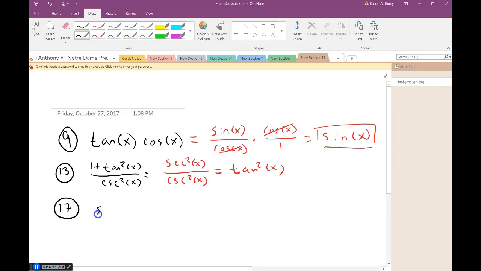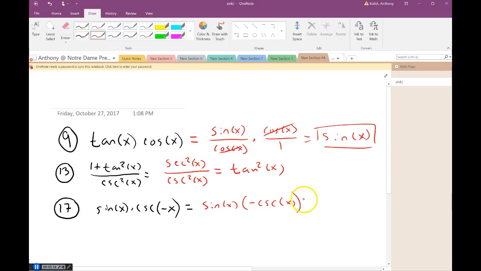We have sine x times cosecant of negative x. What did you guys do first here? So I heard some people say the even-odd one, where we change cosecant of negative x into negative cosecant x.